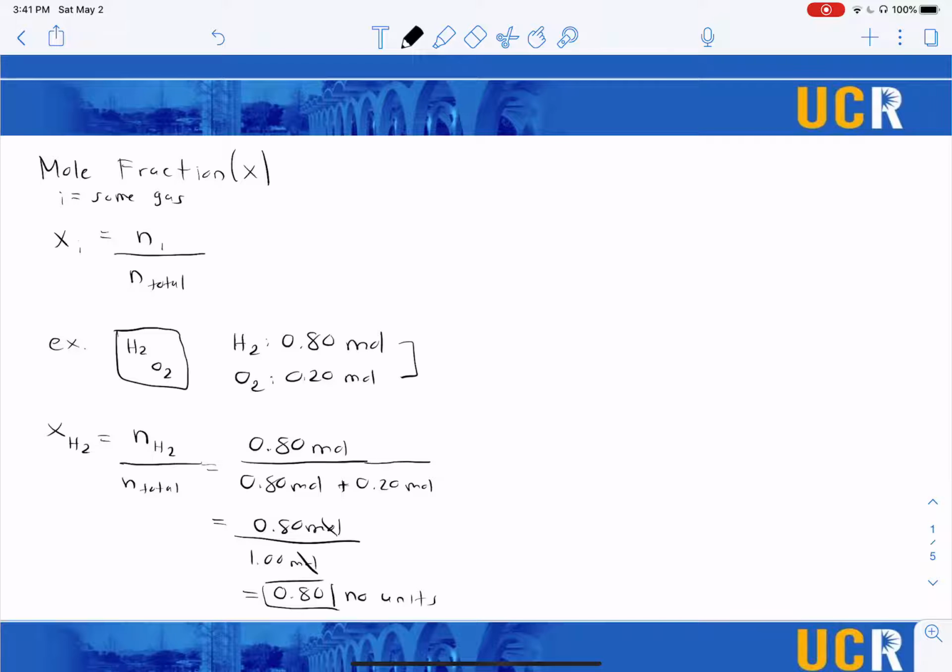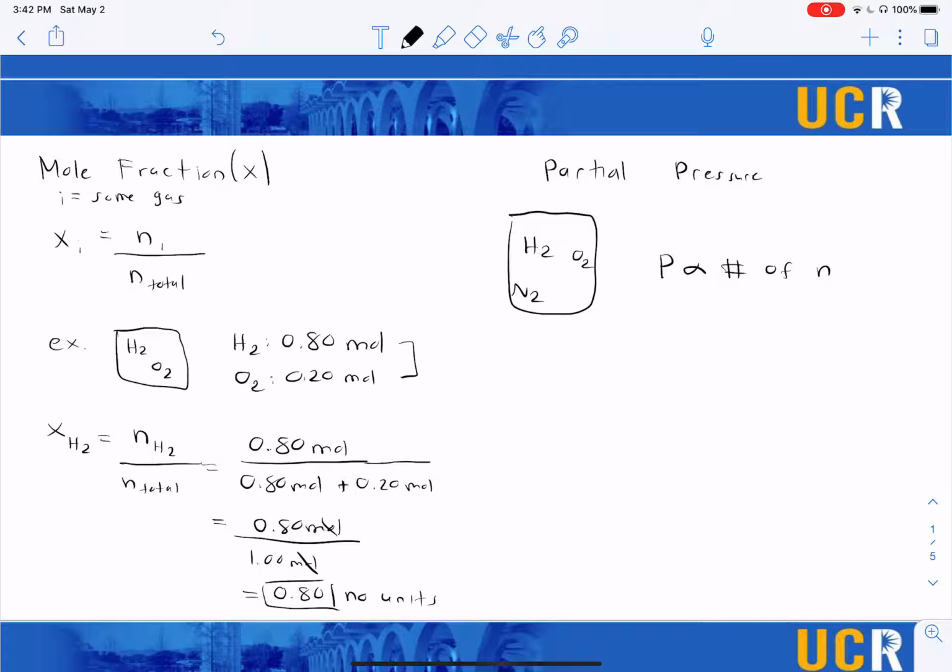Next, I want to cover partial pressure and a big concept to take away. If you have a vessel with a bunch of gases, let's say H2, O2, and N2, just for example, the pressure of each gas is going to be proportional to the number of moles for that gas.